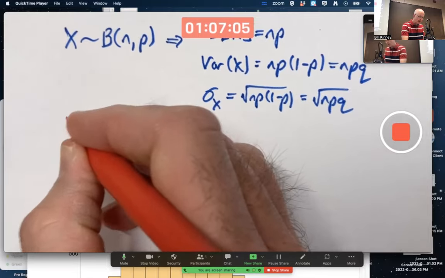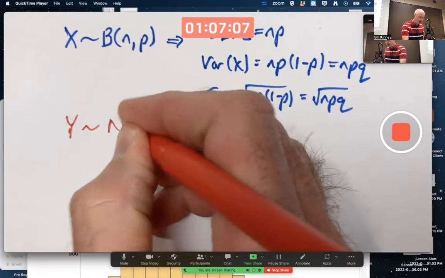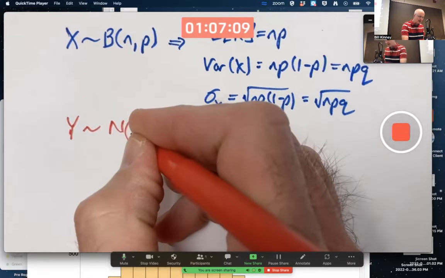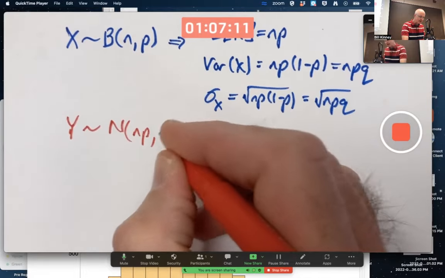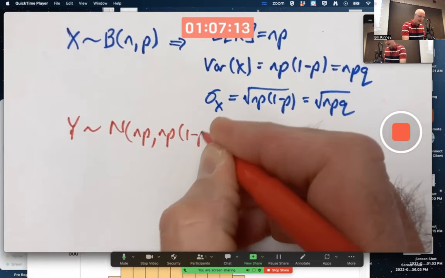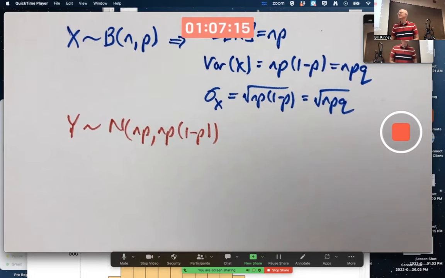How about a normal random variable, Y, with mean equal to n times p and variance equal to n times p times 1 minus p? How about that? Makes logical sense, right? That's probably the best thing to try. I'm not saying it's going to end up with good results, but that might be the best thing to try.